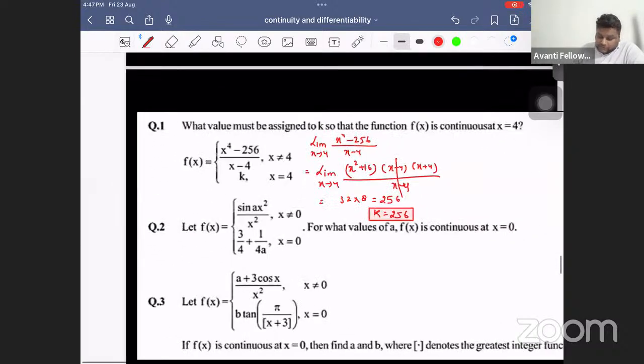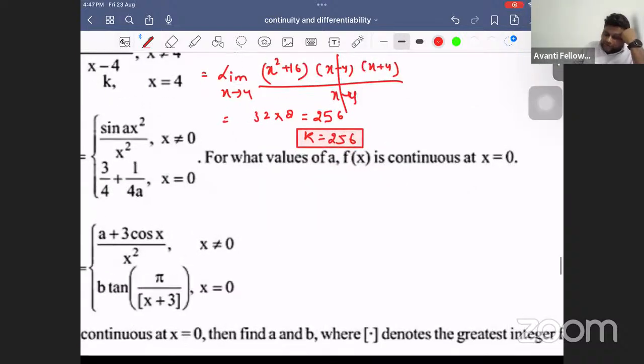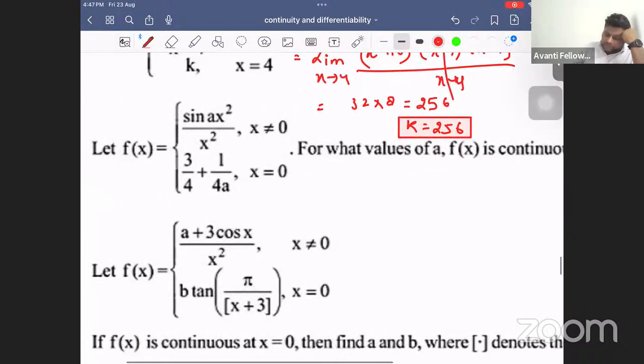Now next question. f(x) is sine of a x square upon x square, and 3 by 4 plus 1 upon 4a. For what value of a is f(x) continuous at x equal to 0?